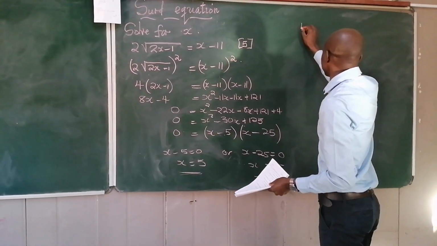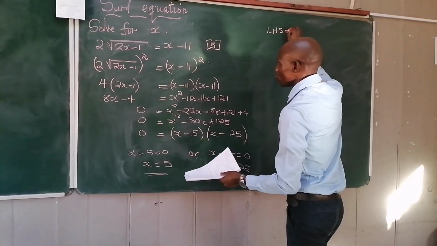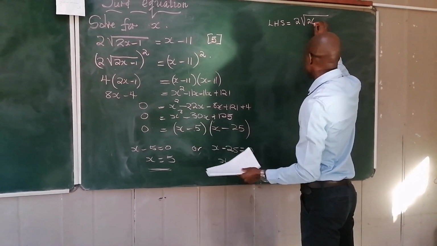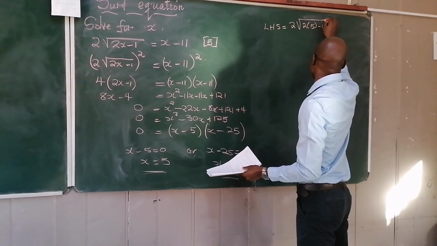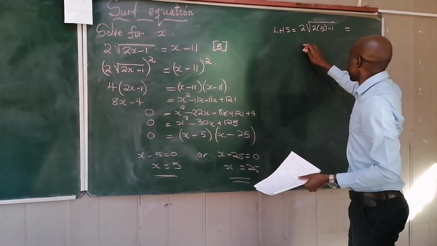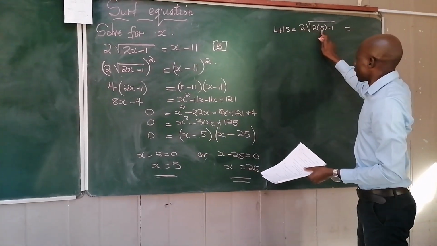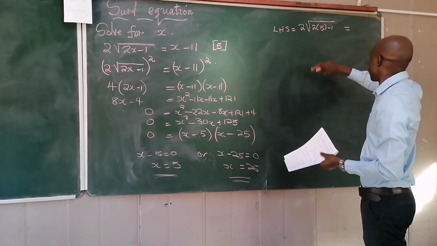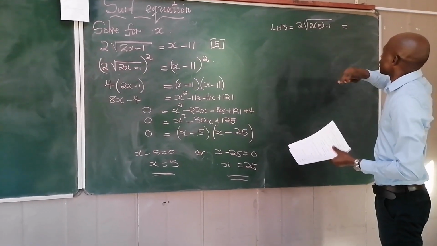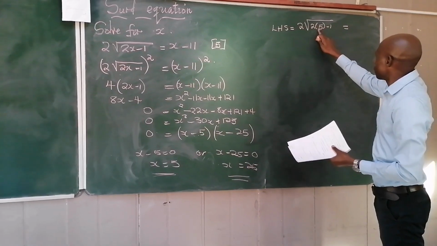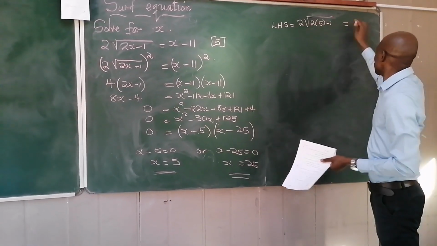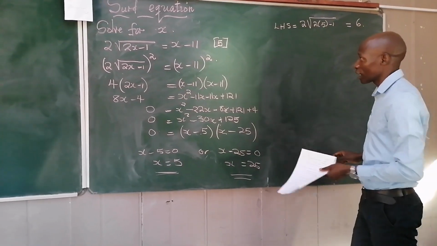So we substitute the first one. The left hand side is equal to 2 square root of 2 multiplied by 5 minus 1, and then we simplify. We will have 2 times 5, that is 10, minus 1, that is 9, and then square root of 9 is 3, 3 times 2, we get 6, that is our left hand side.